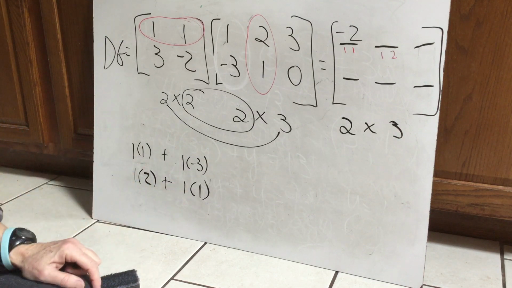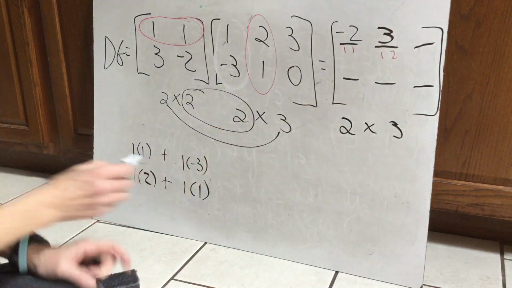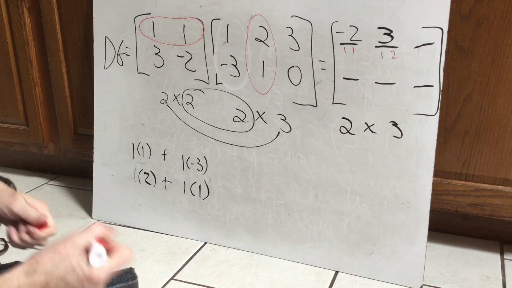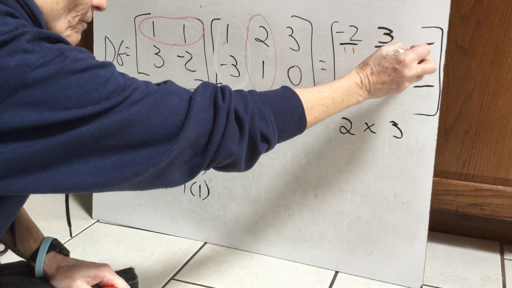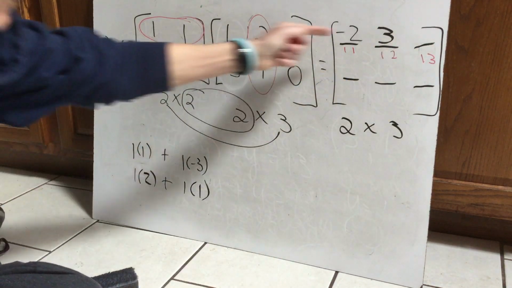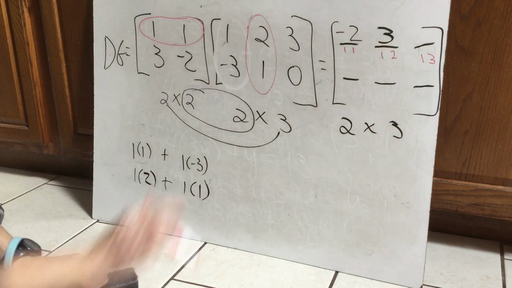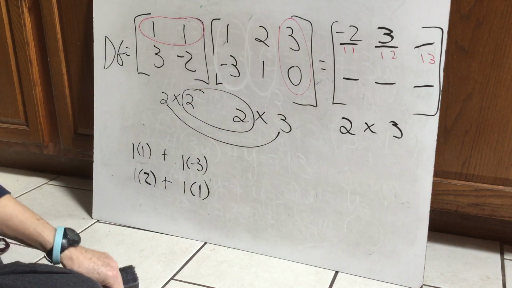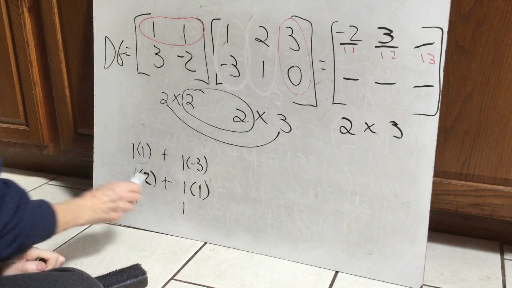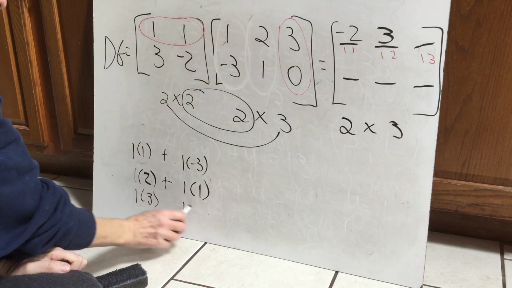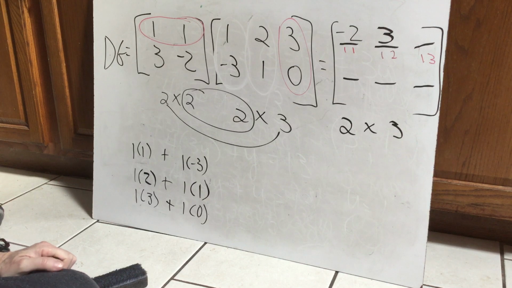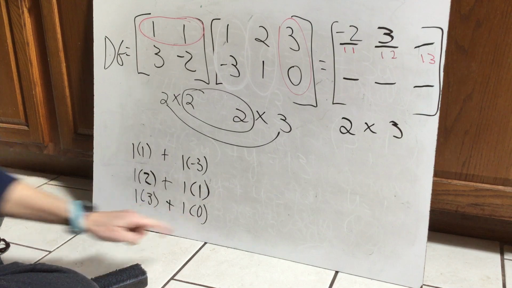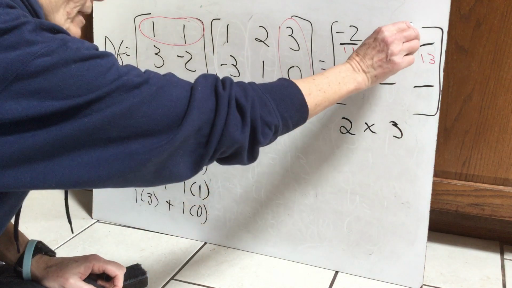So 2 plus 1 is 3. And then finally, I've got this spot, which is in the first row, third column. I multiply my first row, 1, 1, times my column, which is 3, 0. So that's 3 plus 0, another 3.